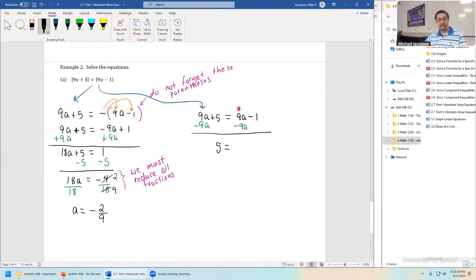A is gone on the right-hand side, we just get -1. And now we're in this really awkward position where the original equation led us to a statement that 5 equals -1. This is completely false. Or you could say it's a contradiction.